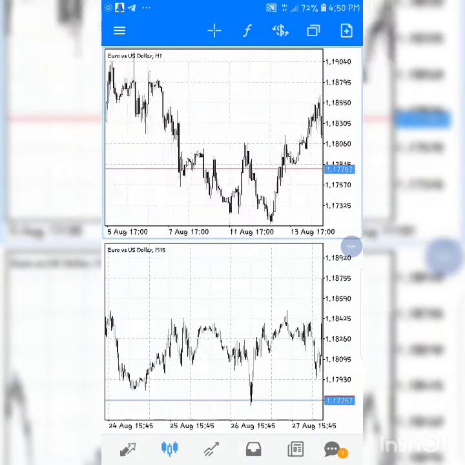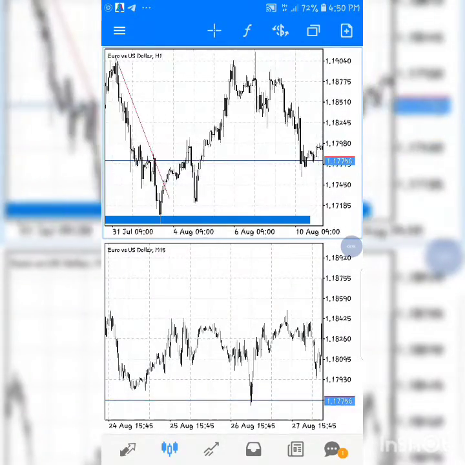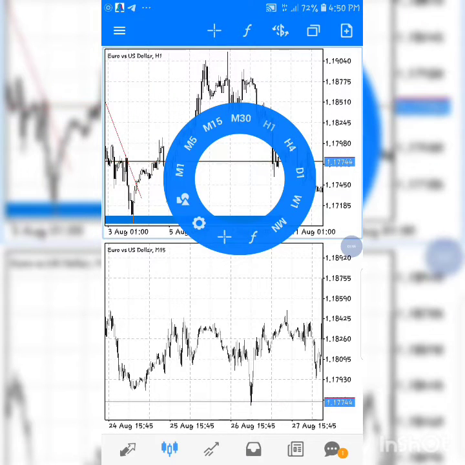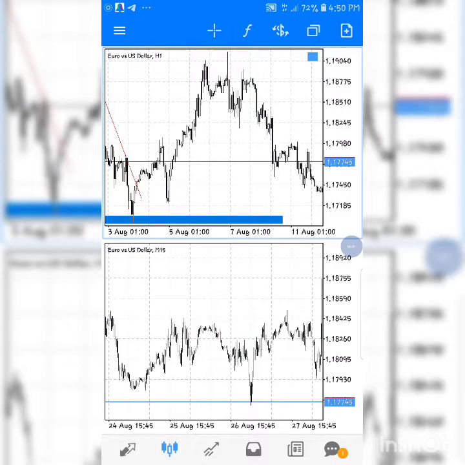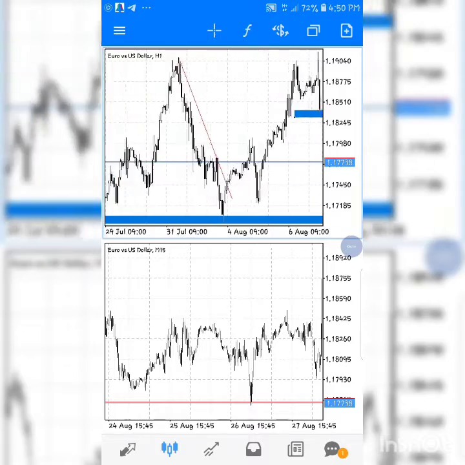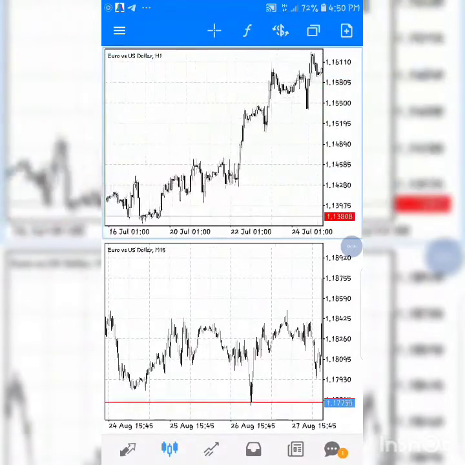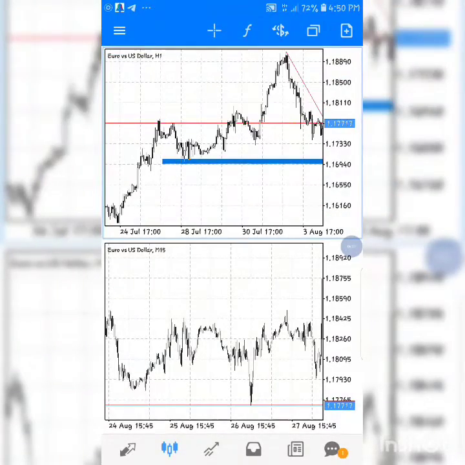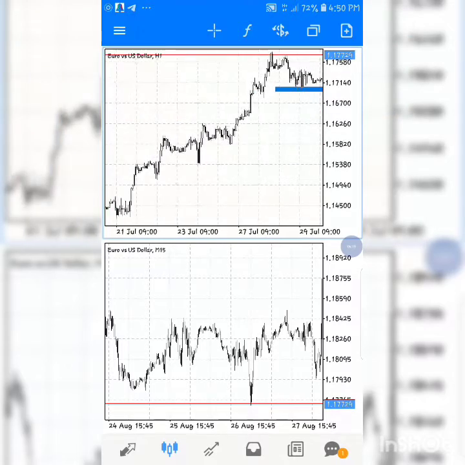Another example of a support line would be this one here. Another example of a support level would be this one. I'm going to mark that there as a support level. So support there like that, in and around here. So this is an example of support, and also this is another example of support here.